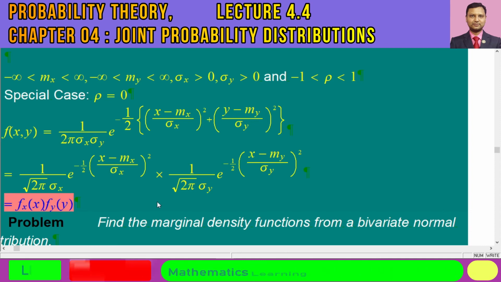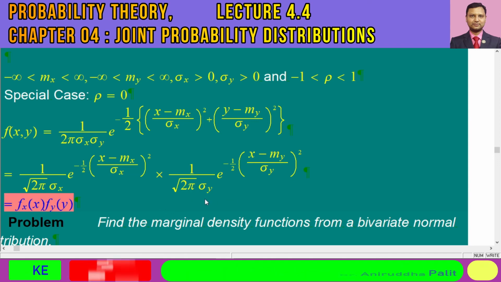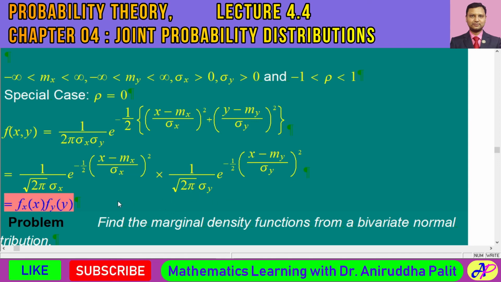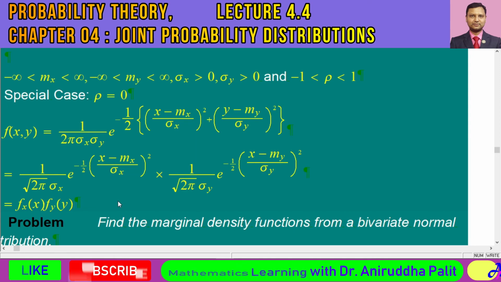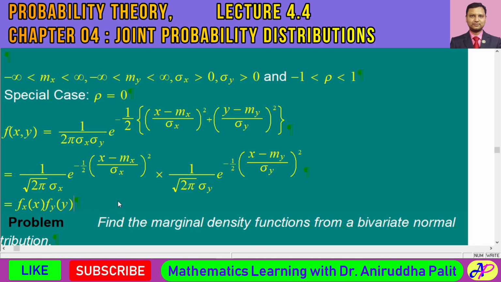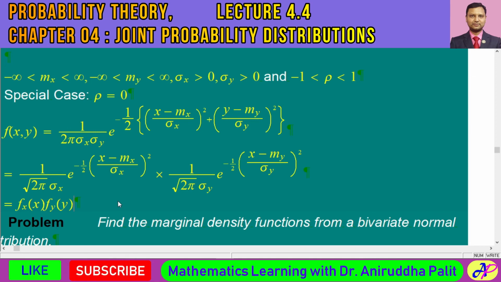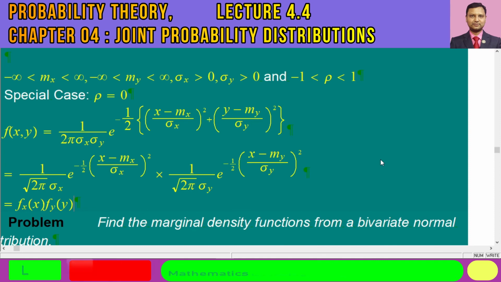But if rho is not equal to 0, then we cannot say that capital X and capital Y are independent random variables. In that case, we need to further study what kind of expression might become an independent variable, and in order to find this answer, we will have to study the conditional distribution, a new kind of distribution that I shall discuss in the next class.